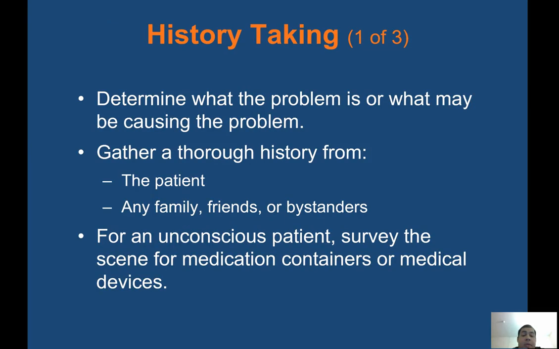Okay, history taking. Determine what the problem is or what may be causing the problem. Gather a thorough history from the patient, any family, friends, or bystanders. For an unconscious patient, survey the scene for medication containers or medical devices. So, you always want to ask the patient what their medical issues are or what their medical history is.